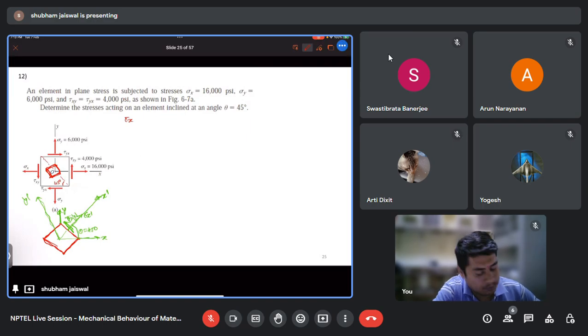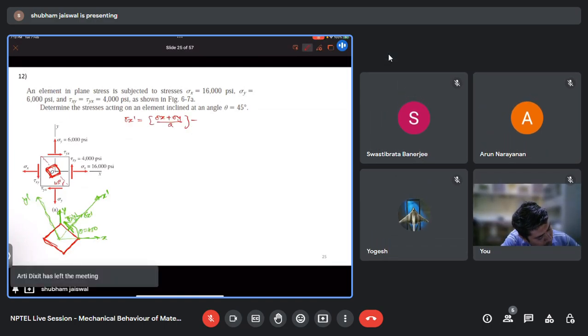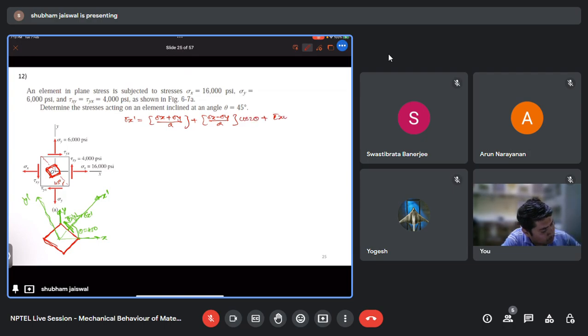So what are the equations that we got? Sigma x prime equals sigma x plus sigma y by 2, plus sigma x minus sigma y by 2 cos 2 theta, plus tau xy sin 2 theta.